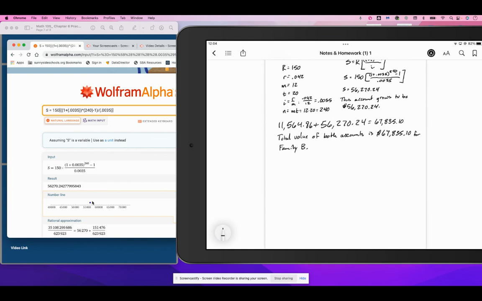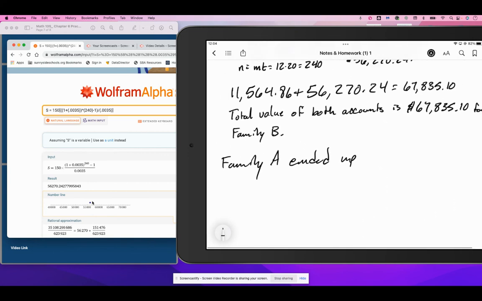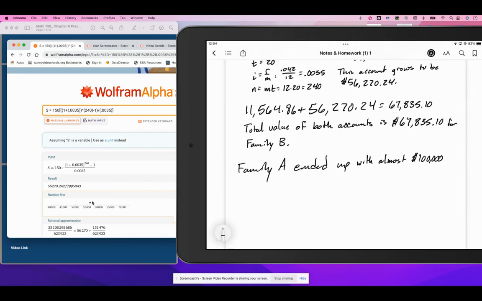So to answer the question there, Family A ended up with almost $100,000 more. And we need to explain why.